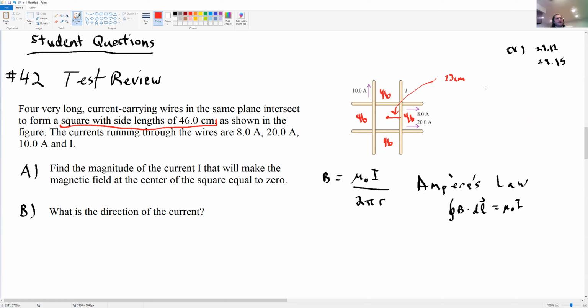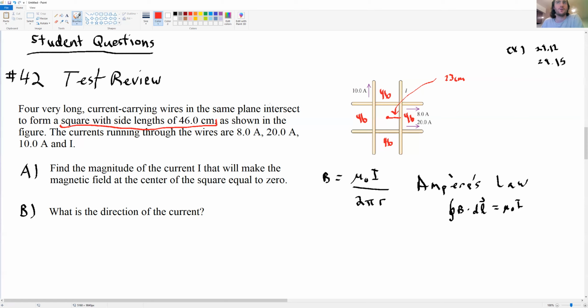Do we need that information? I wonder if we need that information because I'm looking at this problem and I see, wait, this is a square, right? So all of these wires are equidistant from the center. So perhaps we don't actually need to know that. But if we're uncomfortable with proceeding through the problem without knowing that, then maybe it might be good to have that so we have an actual number.